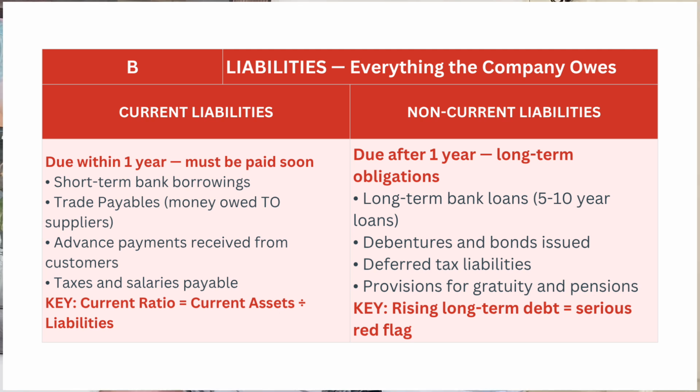The key: current ratio equals current assets divided by current liabilities. Non-current liabilities, due after 1 year. Long-term obligations: long-term bank loans of 5 to 10 years, debentures and bonds issued, deferred tax liabilities, provisions for gratuity and pensions. Key: rising long-term debt is a serious red flag.